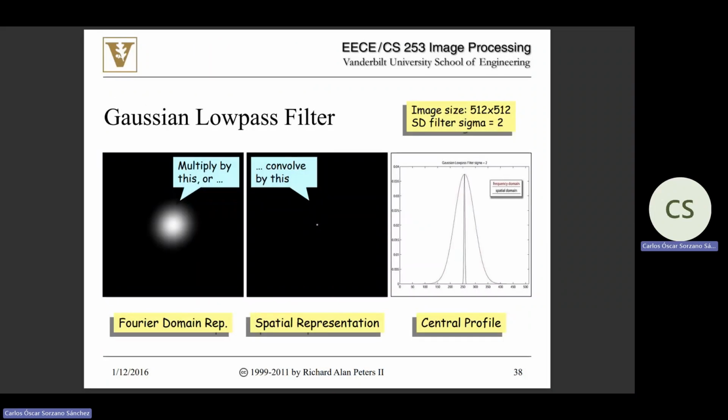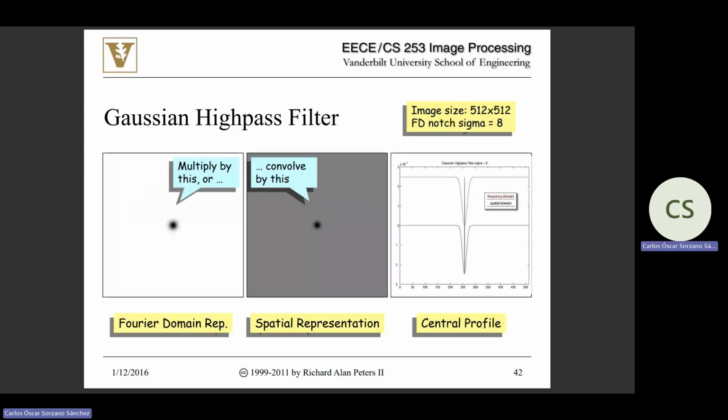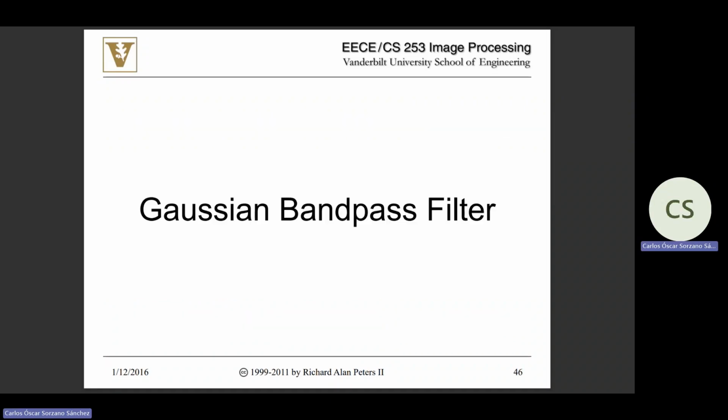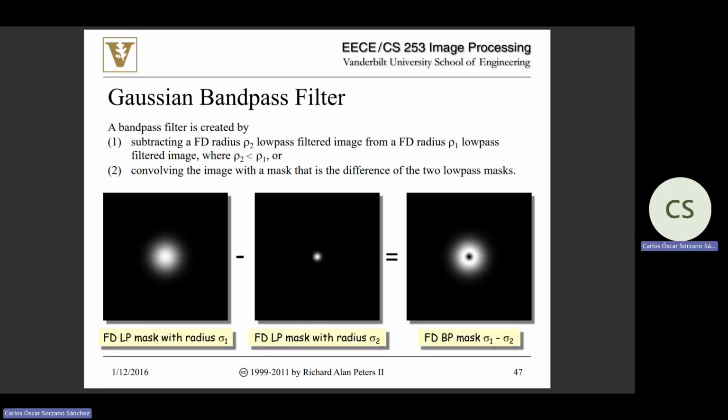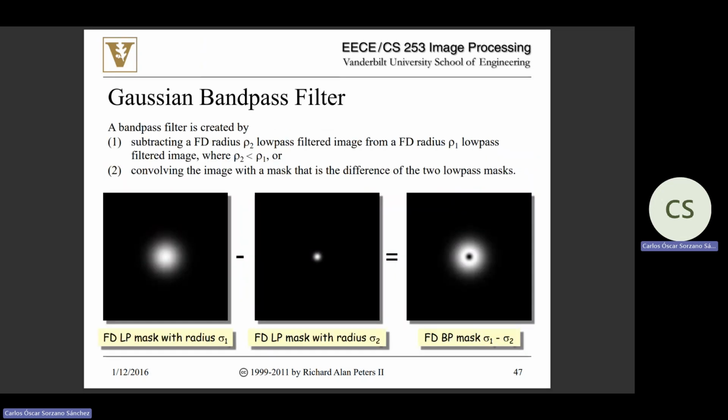Okay, so we were here. Now Gaussian high pass, we were seeing this one. Gaussian band pass is the subtraction of 2 low pass filters. The concept is the same. You convolve with a large Gaussian. A large Gaussian in frequency space will be narrower in real space, so you don't lose so many details. Here you are losing many more details because in Fourier space you are narrower.